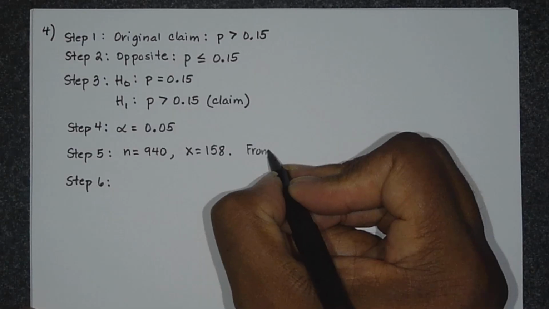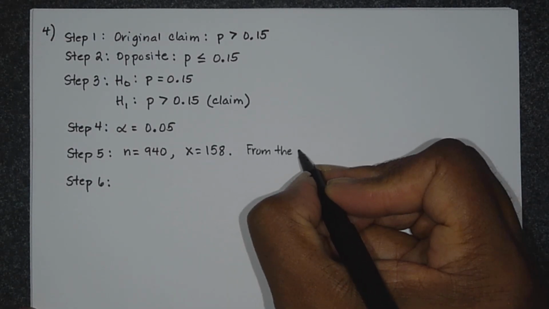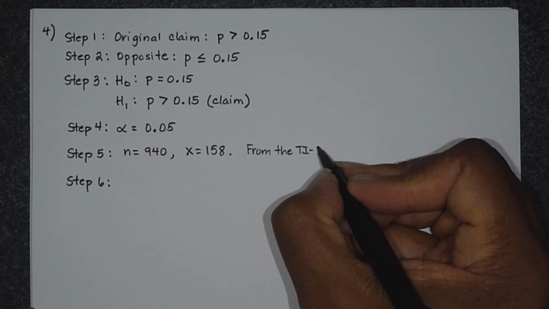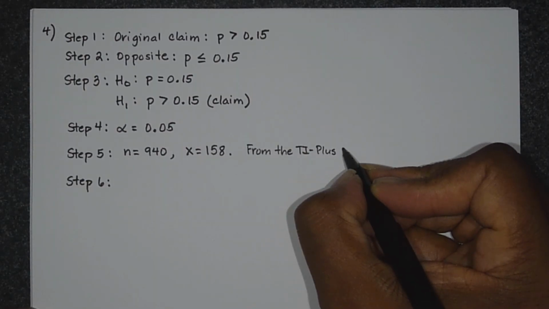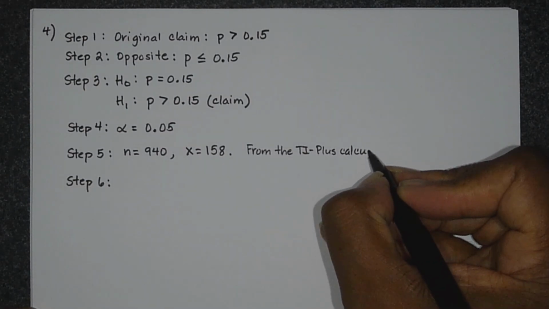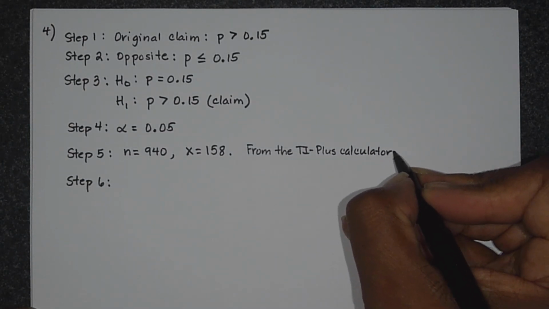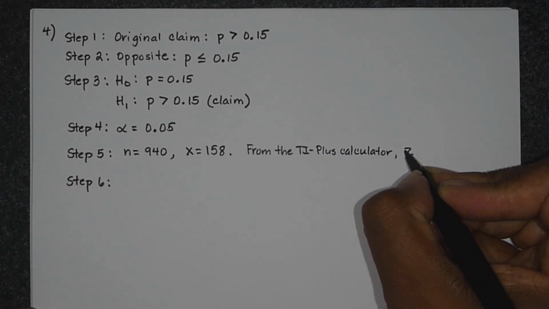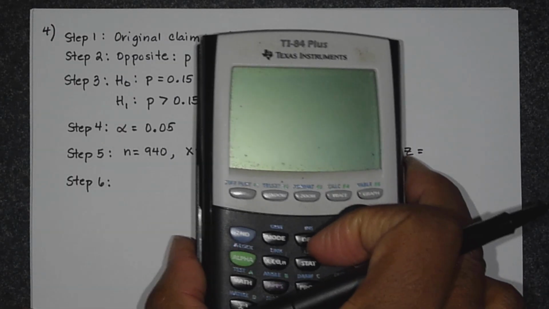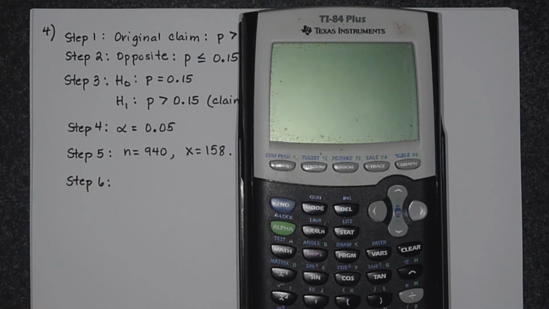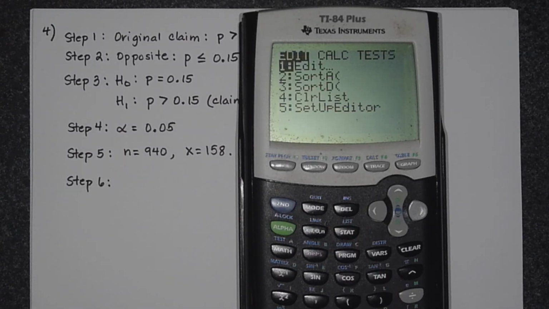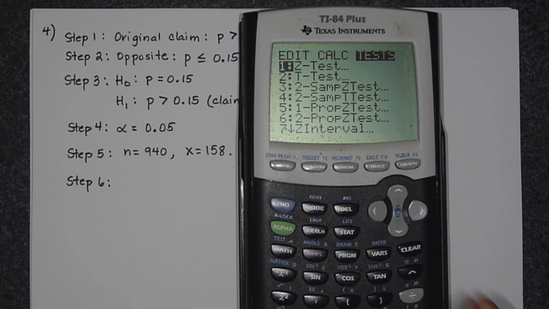So, from the TI-84 Plus calculator, we're going to come up with Z. Here's how we do that. Press your stat key, go over to test.